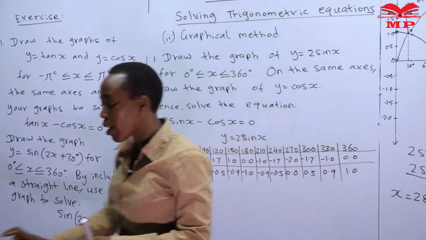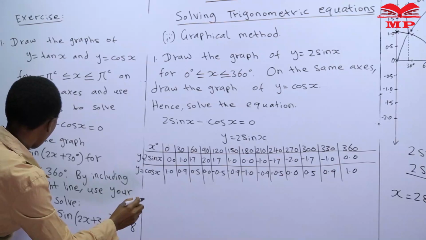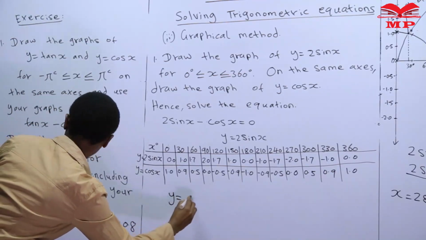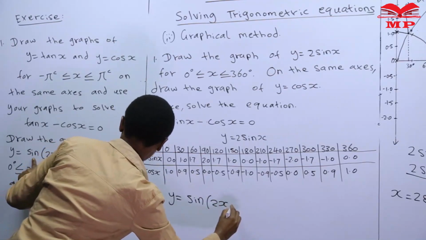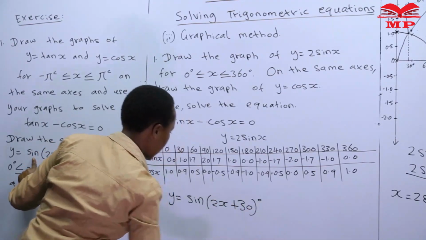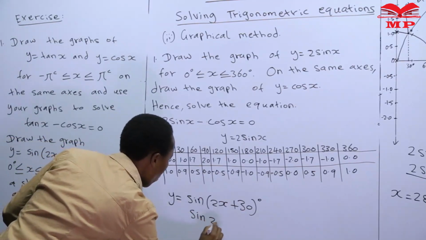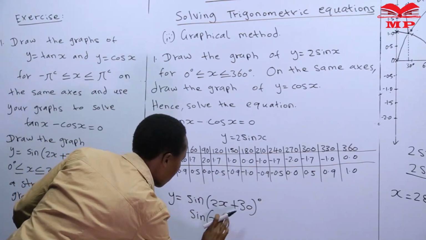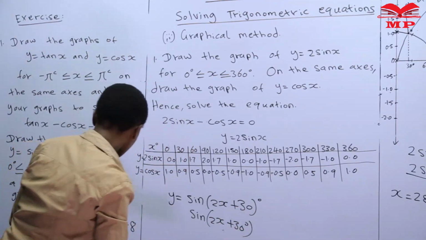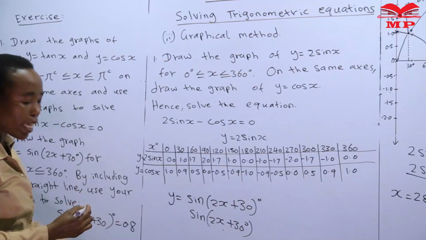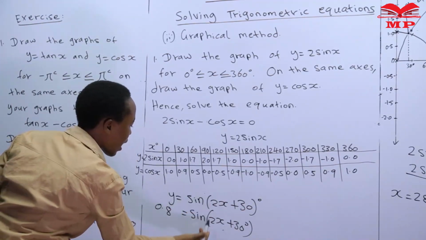So if we look at this part here, in our equation we have y is equal to sine of 2x plus 30 degrees. And in this, we have sine of 2x plus 30 degrees is equal to 0.8. So you can see these are the same.